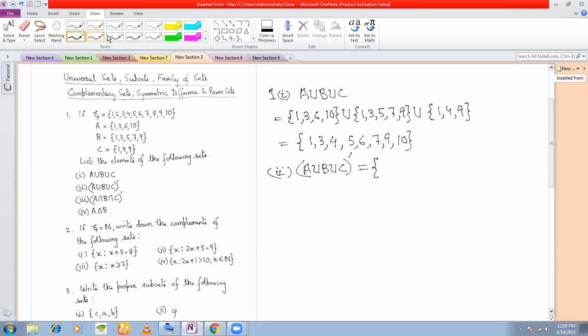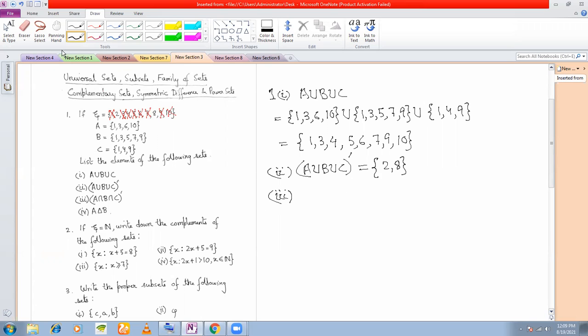What are the elements that we need to exclude? If you see here, you have 1, so you exclude 1 from the universal set. You have 3, exclude 3. You exclude 4. You exclude 5. Exclude 6. Exclude 7. Exclude 9, and exclude 10. So what are you left with? You're only left with 2 and 8. Okay.